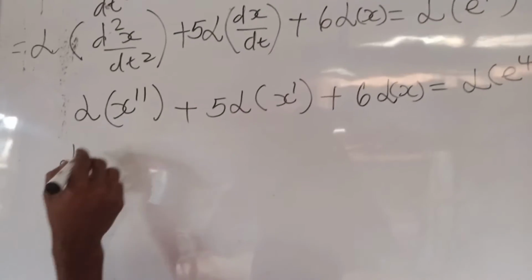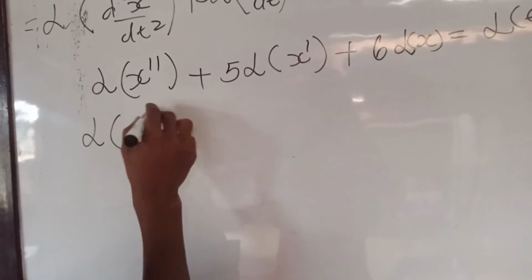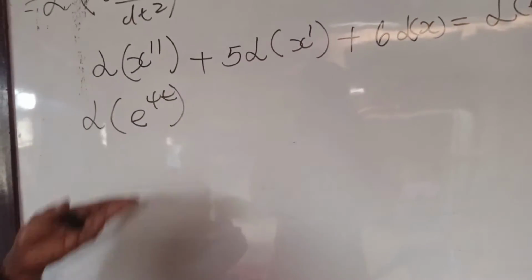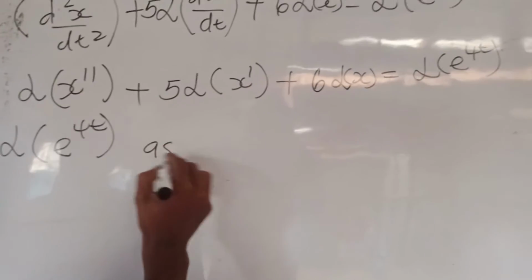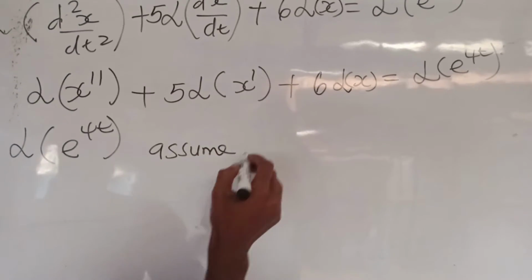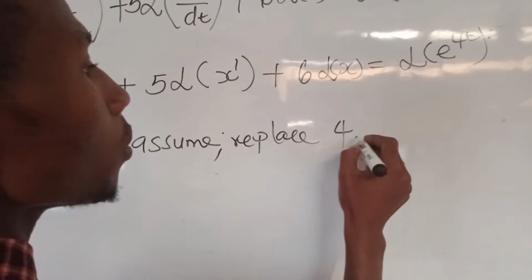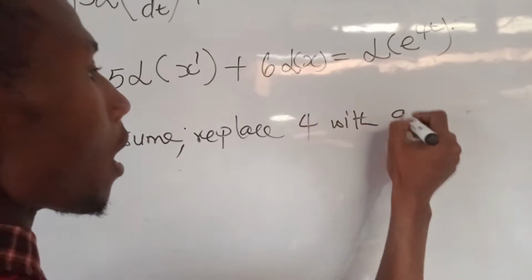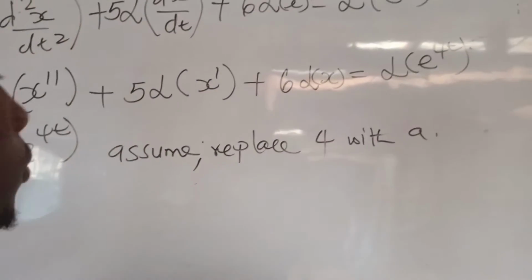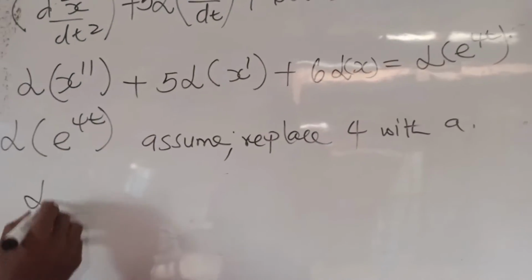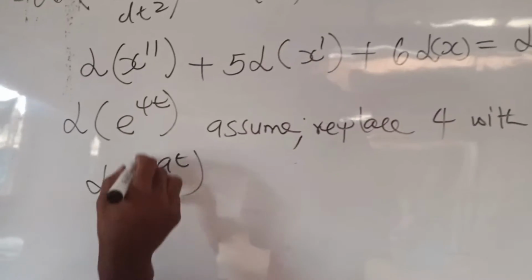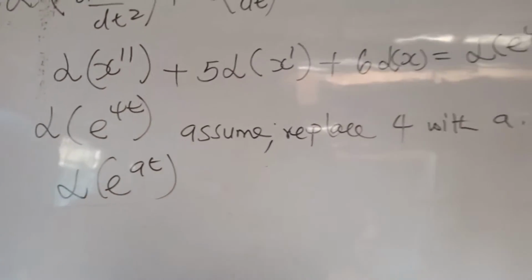And for the Laplace transform of e raised to power 4t, we can replace 4 with a, so that we get a general knowledge of Laplace transform of e raised to power at. Today I want to combine them together.